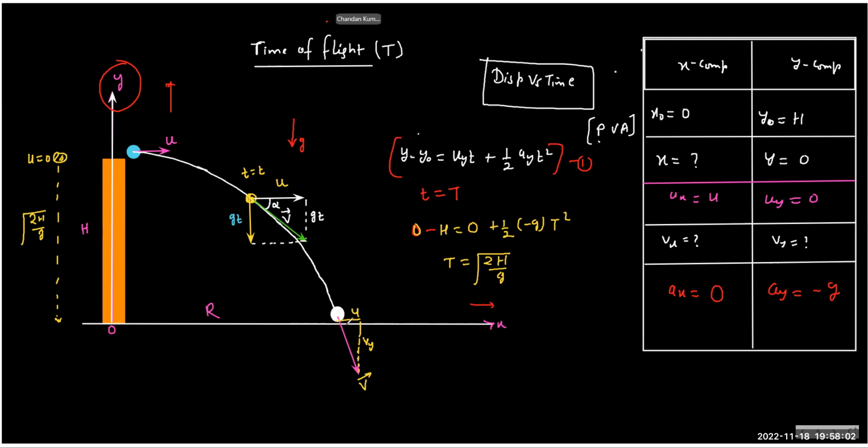So they may ask you what is the angle made by the final velocity vector with horizontal at the time of impact. Which means they're asking tan theta equals to how much, guys? So we have the formula here, right? So tan theta will be g capital T by u. Yes or no? From here.